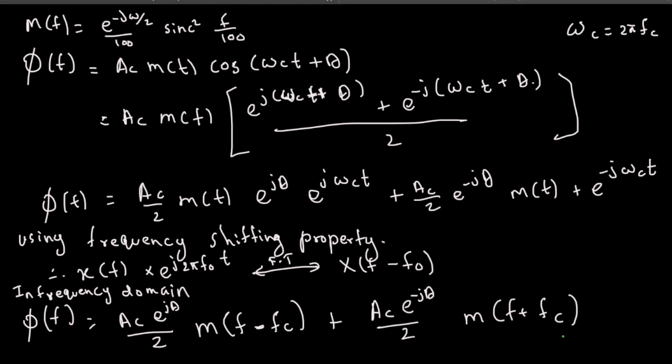Now we have this. Now we can bring in our M of f. Wherever we have f, we just have to shift it by f_c. That's the only change we have to make. Other than that, it remains the same.